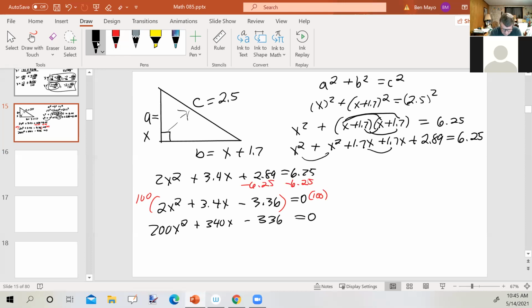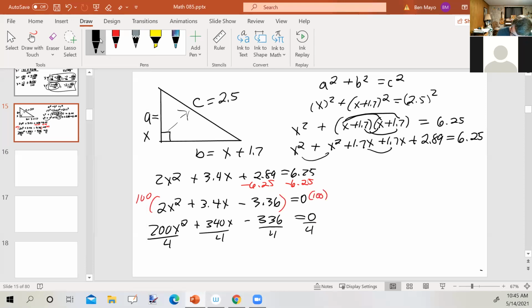Okay, well, let's see. 200, 340, and 336, they're all even, so I could divide them all by 2. In fact, I think I could divide them all by 4. 4 goes into 200, 340, 336. Yeah, okay. So let's divide each term by 4.